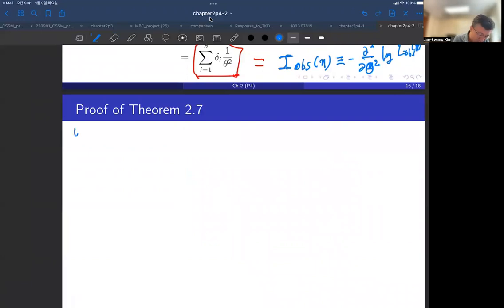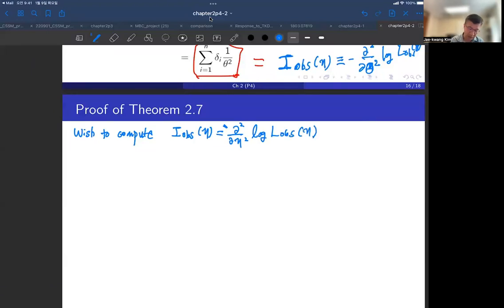We should compute I_obs(eta) equal to, let's assume scalar, so we don't need a more complex notation, just to make life easy, minus the derivative of the log likelihood.